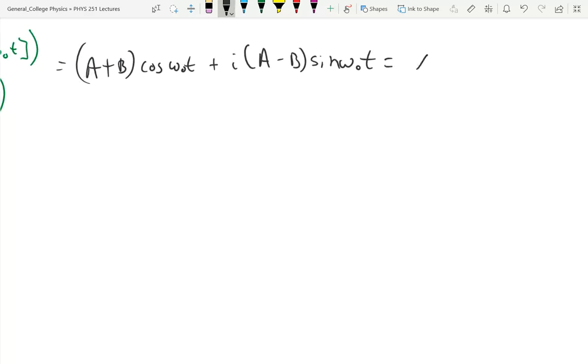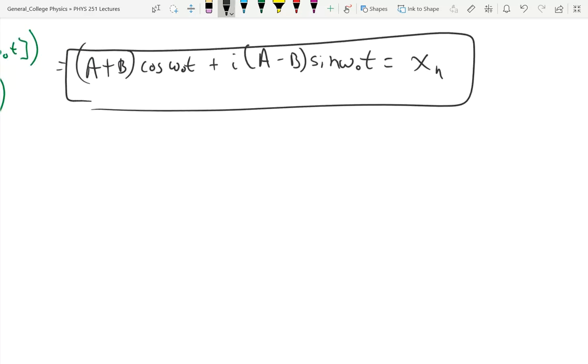So there's another way of writing my x homogeneous. Now what were a and b? a and b were just constants that depend on how I start the system. Well, a plus b and i times a minus b are also just constants.